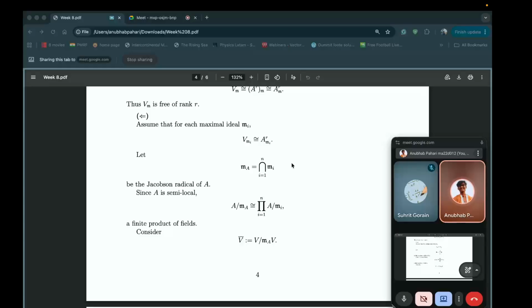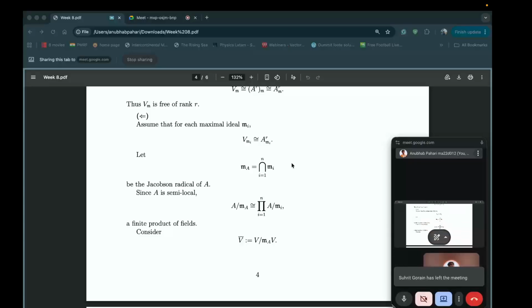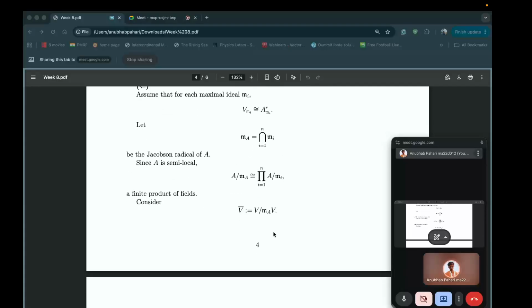Now since A is semi-local, this intersection is finite, and therefore A mod M is isomorphic to a finite product of A mod Mi, a finite product of fields.